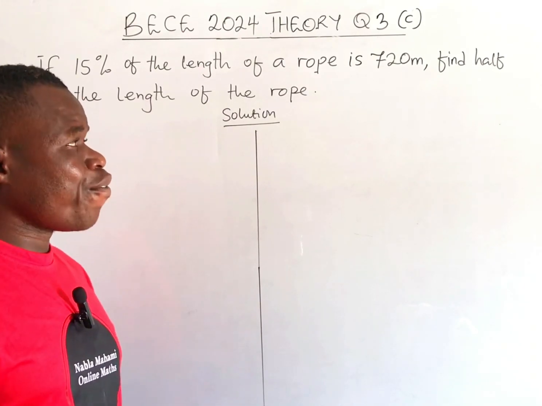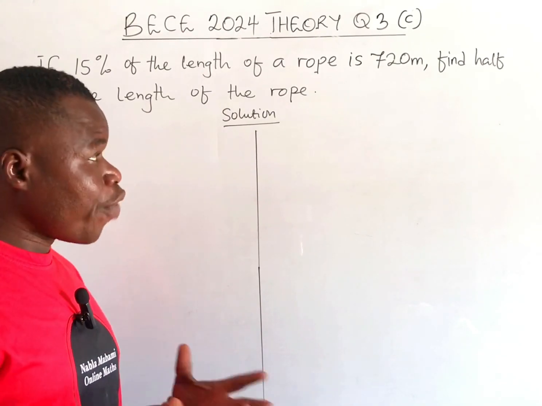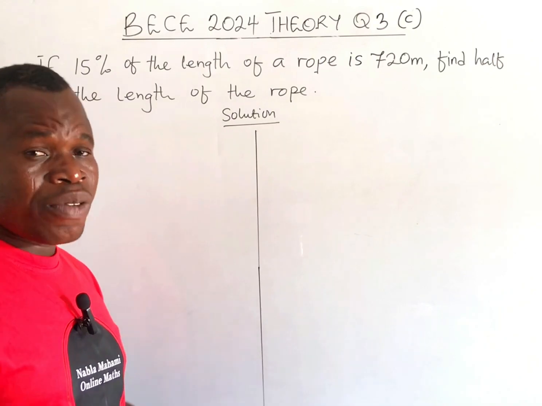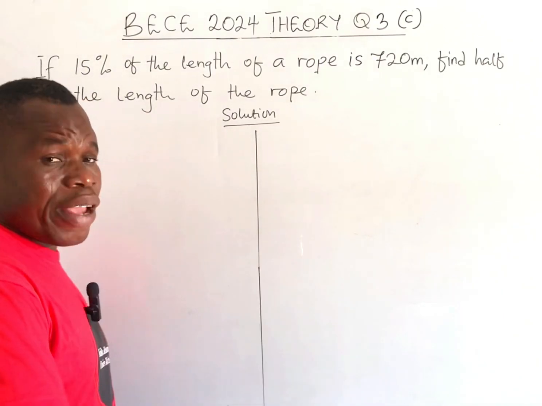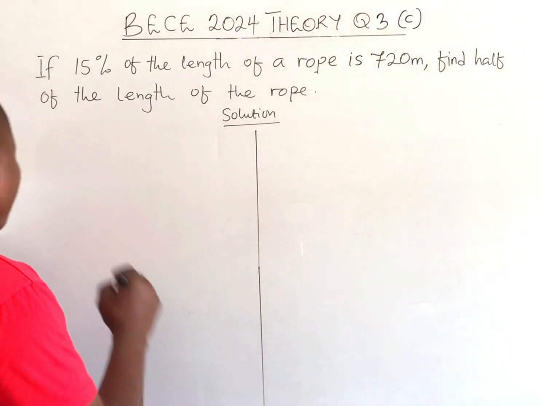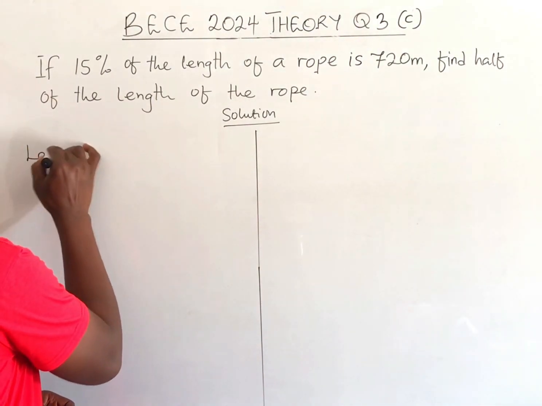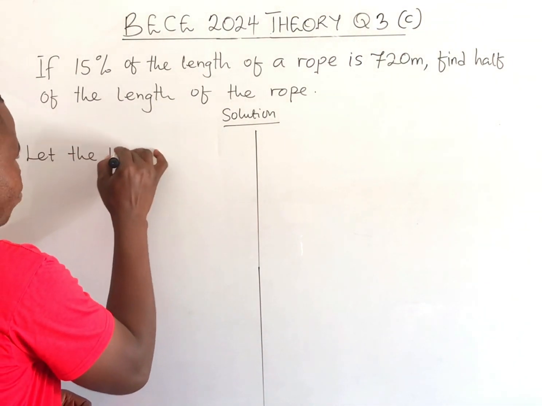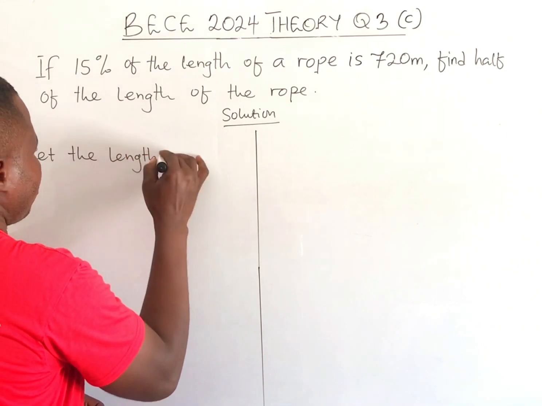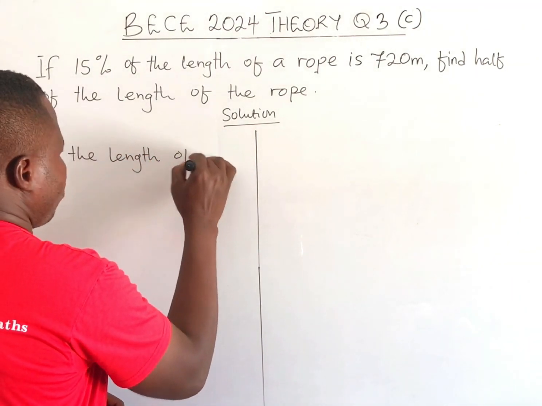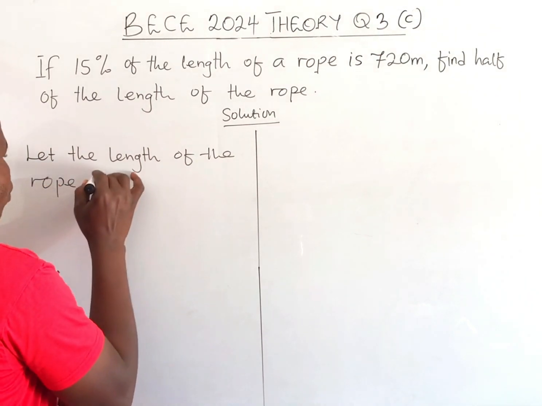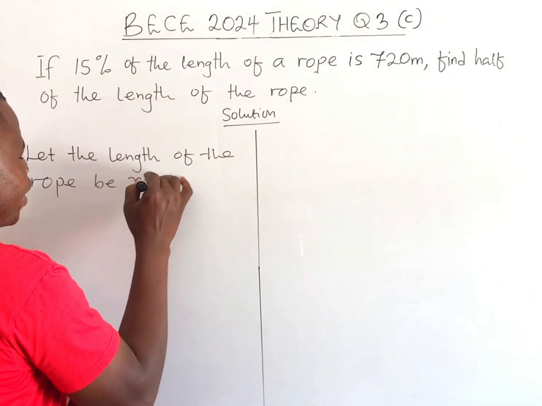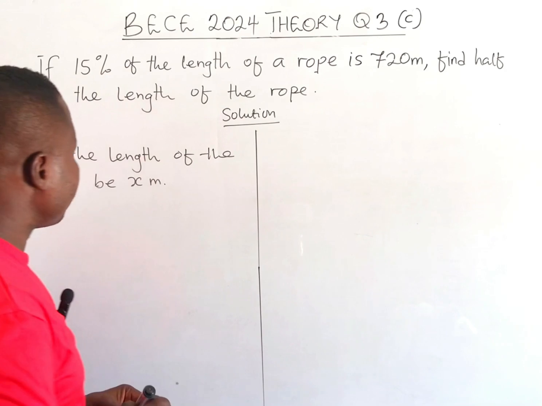Before you find half of the length of the rope, you first of all calculate the length of the rope. And since we don't know the length of the rope, let it be x. So we say let the length of the rope be x meters.